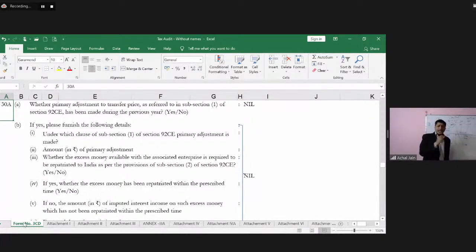And this once again is not a very simple thing on the part of the tax auditor. Transfer pricing again is a very specialized area. So therefore the auditor may also need to involve a transfer pricing specialist. Many a times the auditor may be knowing about it, but many a times the auditor may also not be knowing about it.